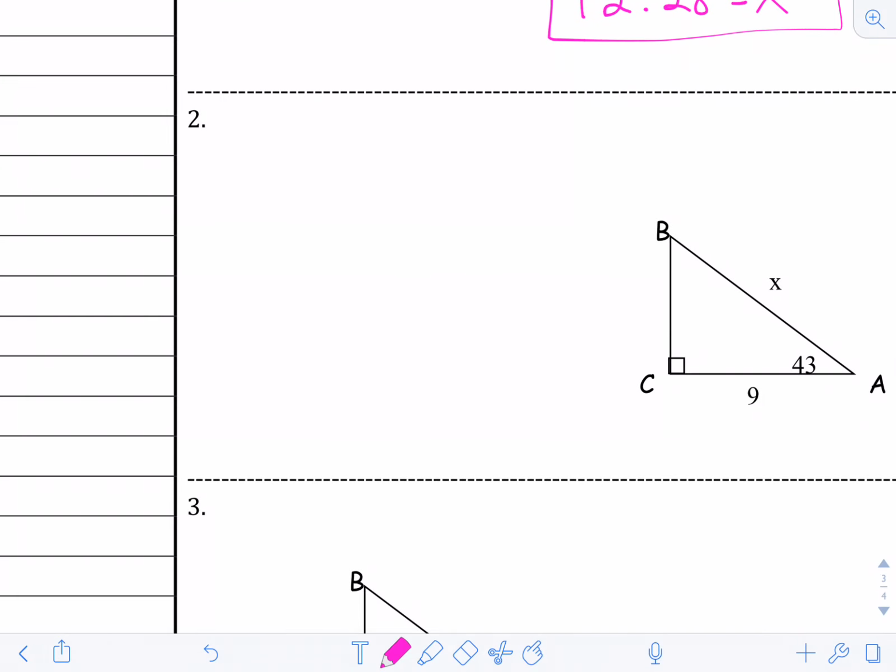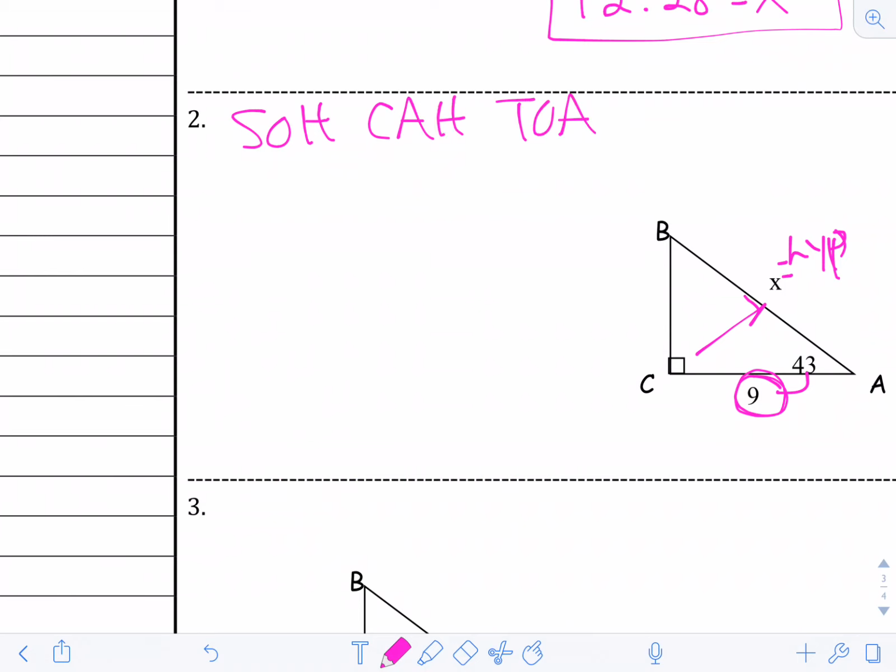Okay, next one that we have 43 degrees. If you look right here, you have what is adjacent to 43 degrees, and again, you have your hypotenuse, and that's what we have to find. Okay, so looking at SOHCAHTOA, you want to see which one of these has the adjacent and has the hypotenuse. So here's adjacent and hypotenuse, so we're going to use cosine. So cosine of 43 degrees is equal to the adjacent, which is 9, over my hypotenuse, which is x.